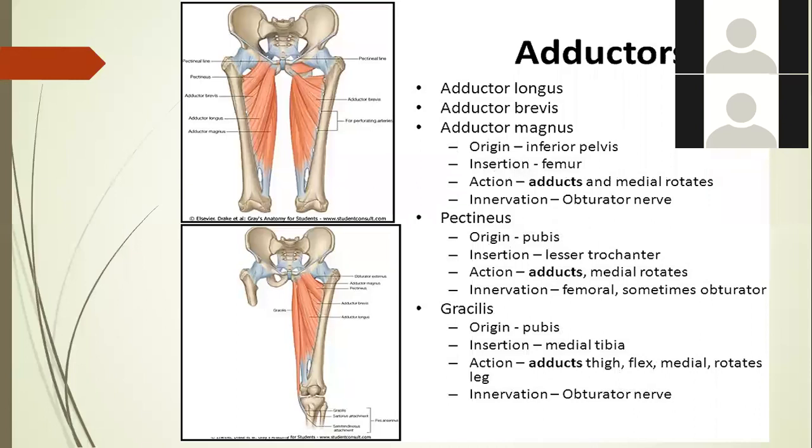You will see the pectineus. Its action is adduction, but it is included among the muscles of the front of the thigh, and it is supplied in addition by the obturator nerve. And see another muscle finally, the gracilis. So these muscles are not difficult to identify or remember.